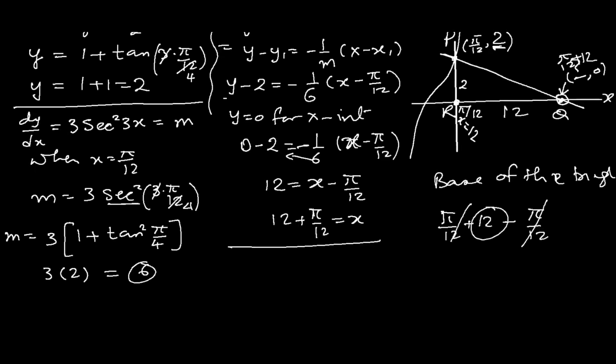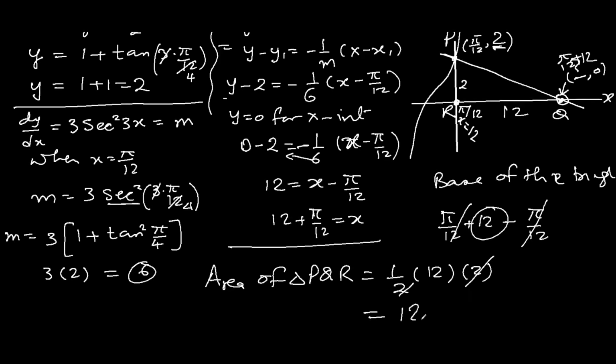And they said find the area of the triangle PQR. So the area of triangle PQR will be half times base 12 times height 2. The 2 and 2 cancel, so 12 units square. This is the area of this triangle PQR.